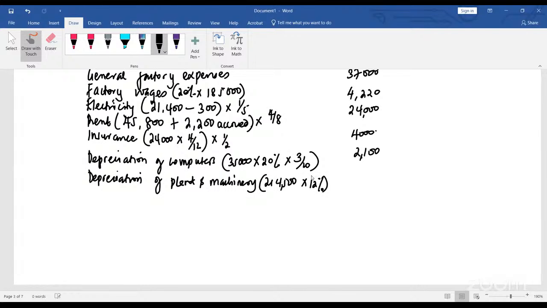So all that depreciation should be done in the manufacturing account under the factory overheads. So that is 12% of the cost of the plant, which is 214,500, giving us 25,740.